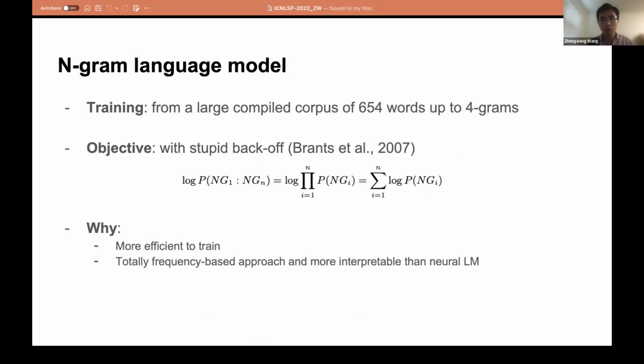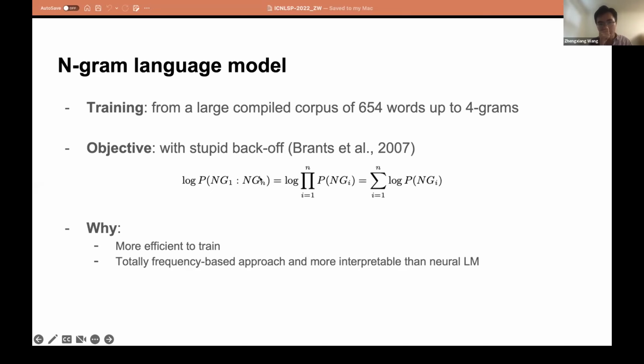In order to infuse linguistic knowledge into the data augmentation techniques, I trained an n-gram language model up to 4-gram based on a large compiled corpus of Chinese, which consists of 6 million something words. It's not just 600 words. The objective for this n-gram language model is to maximize the likelihood of this function.